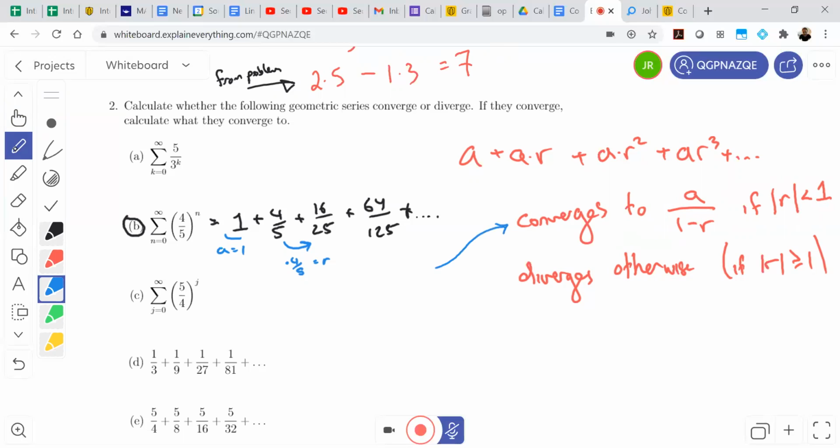And for b, it's going to converge to the a value, which is 1, divided by 1 minus 4/5, AKA 1 over 1/5, AKA 5. So this series, not only will it converge, but it will converge to the number 5. And we can conclude that just by using this geometric formula that we derived.